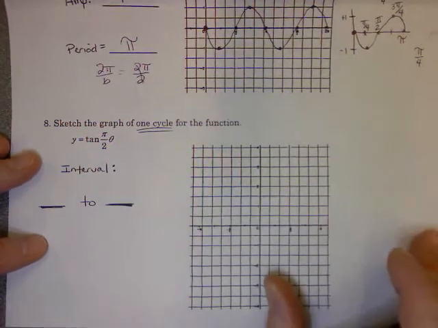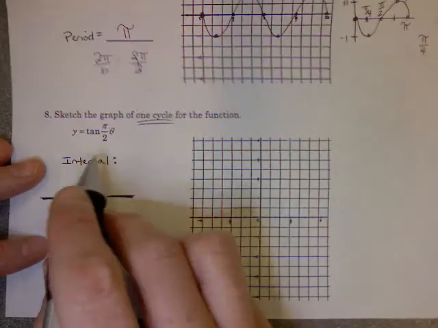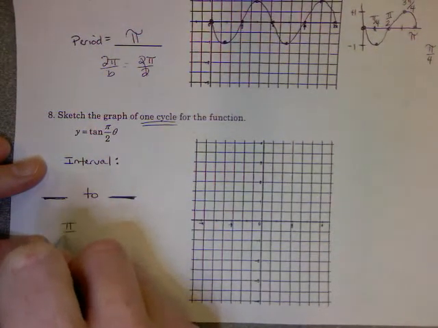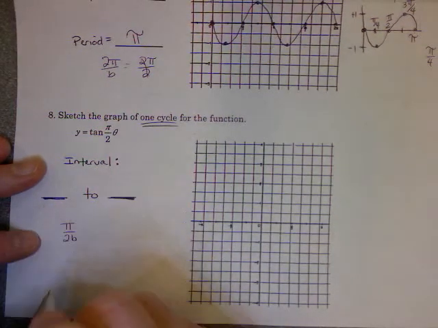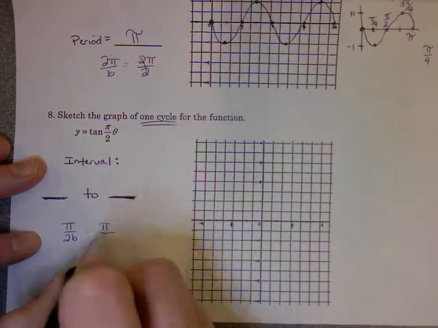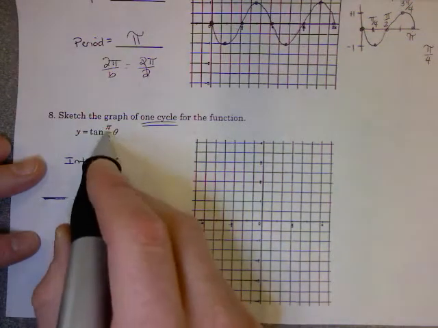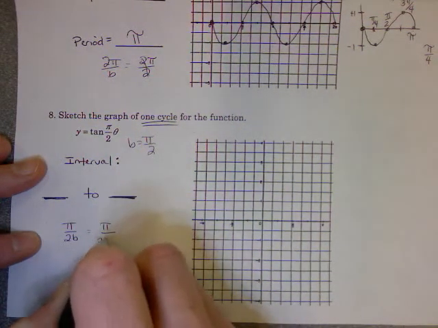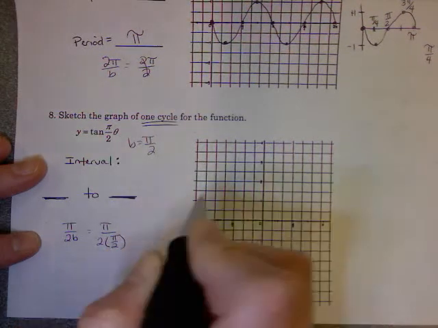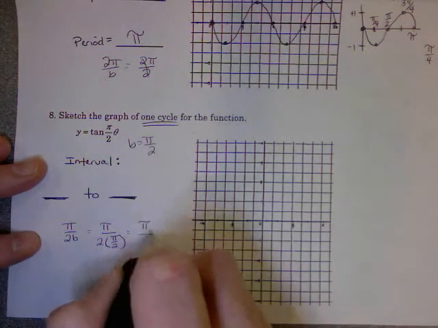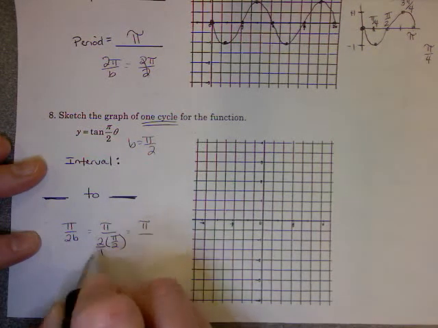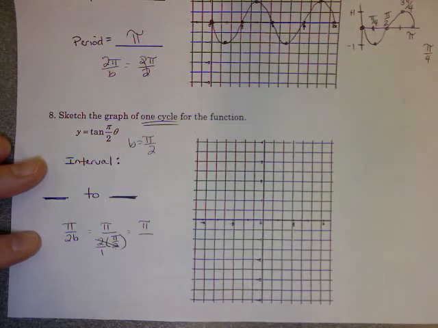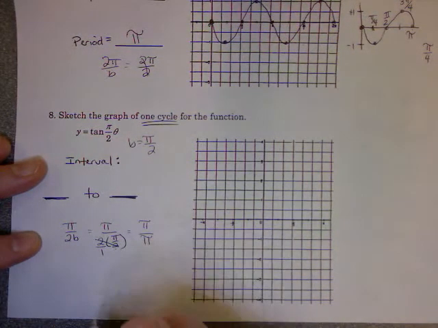Okay, and the last one we have is a tangent. In a tangent we need to get our interval for our asymptotes. The interval is between positive and negative pi over 2b. So we will substitute in b, which in this case is pi over 2. So we put pi divided by 2 times pi over 2. 2 times pi over 2, we just multiply straight across, you get 2 pi over 2, or you can reduce these 2's, they cancel, so it's pi divided by pi.